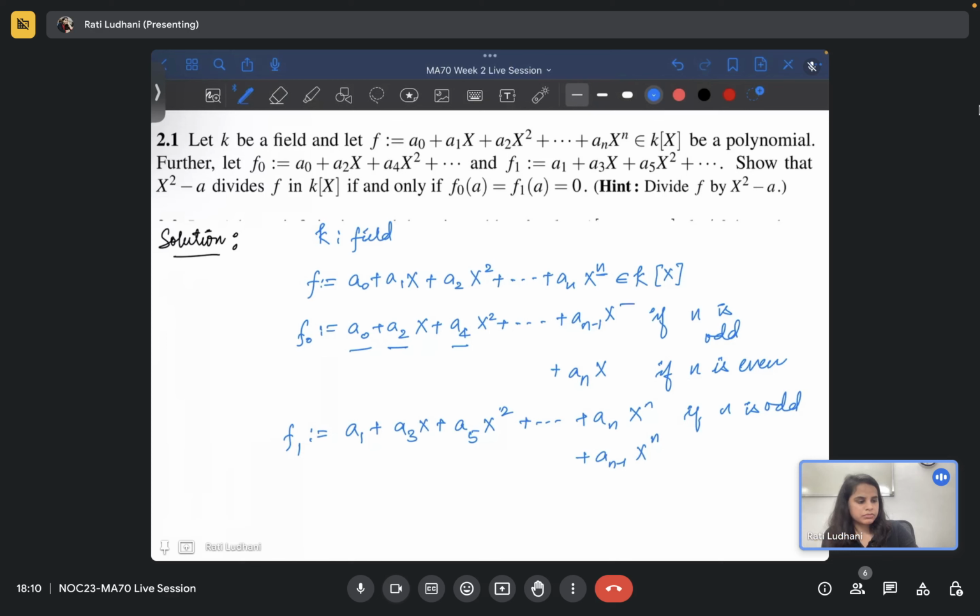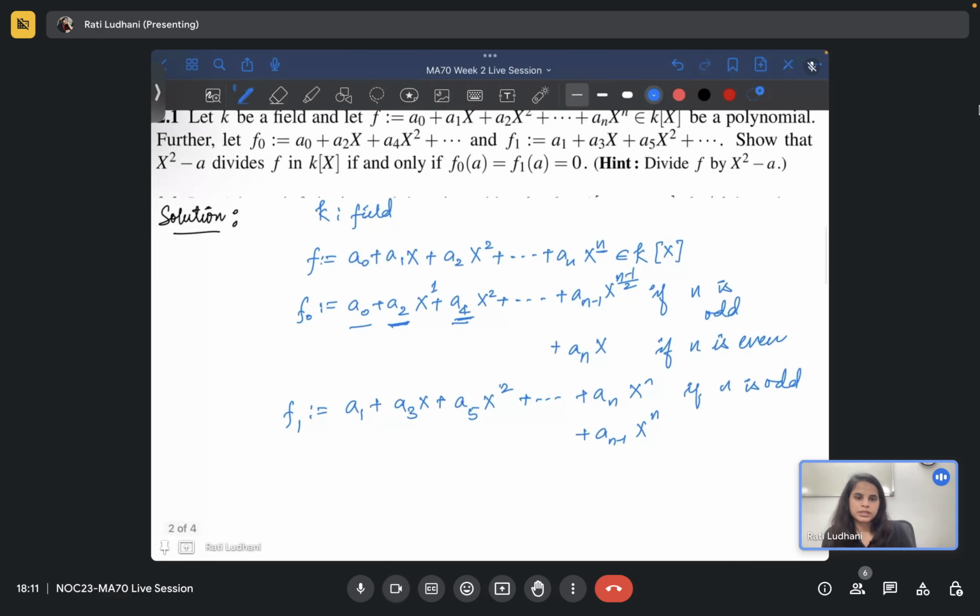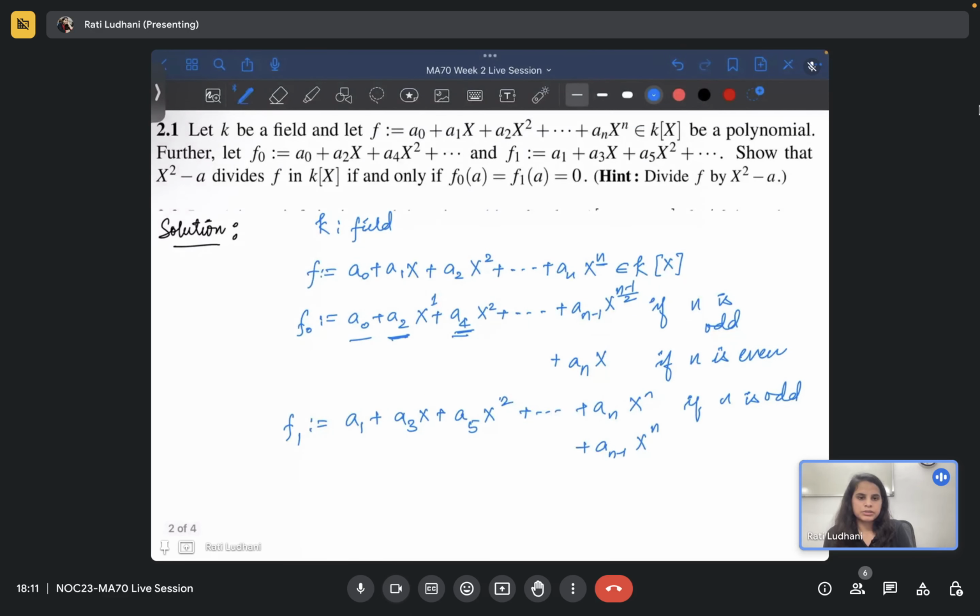Corresponding to a2 we are getting x raised to power 1, corresponding to a4 x squared. So it's like half of n minus 1, you'll get n minus 1 by 2, because n minus 1 is even, so dividing by 2 makes sense. Is that clear? Okay.